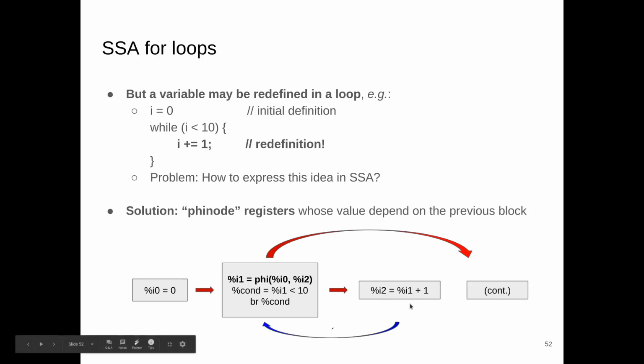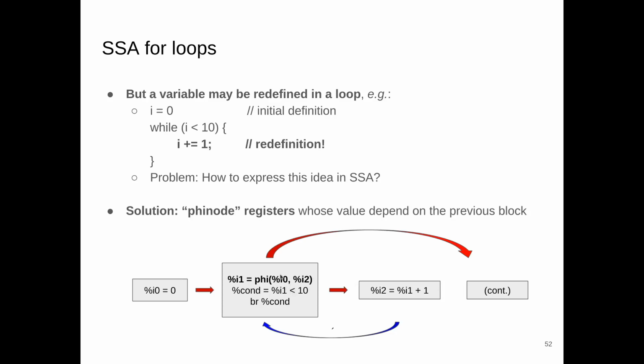And when we go back from this block to this block, which matches the C program where the control flow goes from the end of the loop to the head of the loop, I1's value, which is meant to be the value of I at the time of this iteration, is going to be I2, defined here as I1 plus 1.